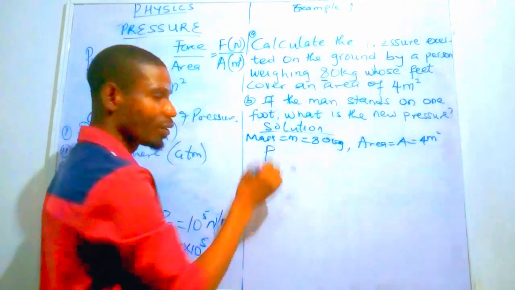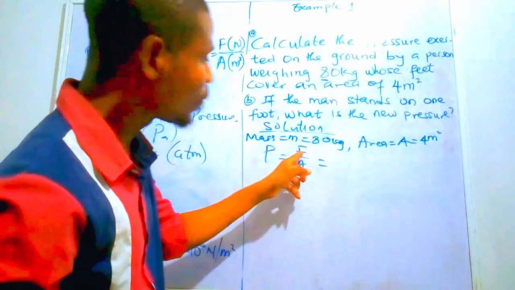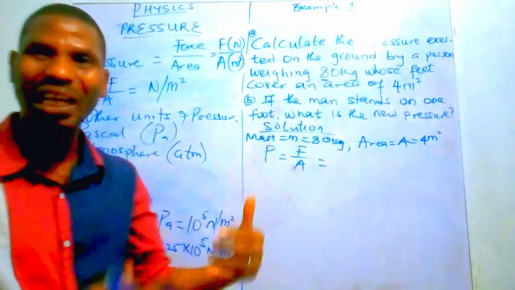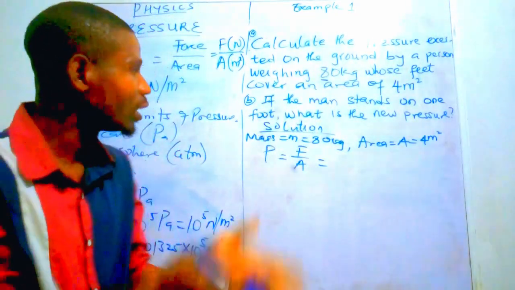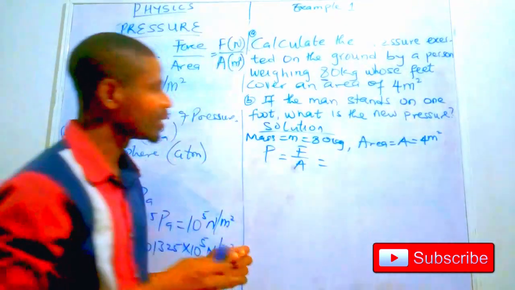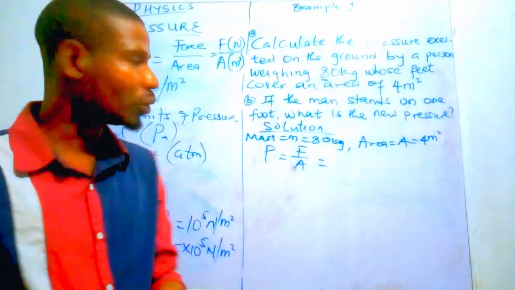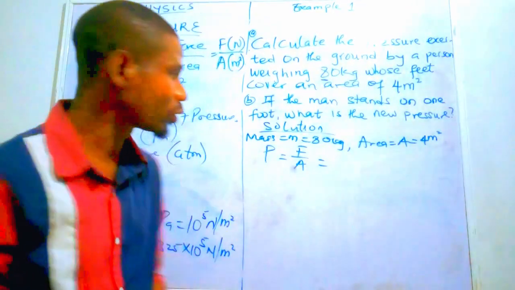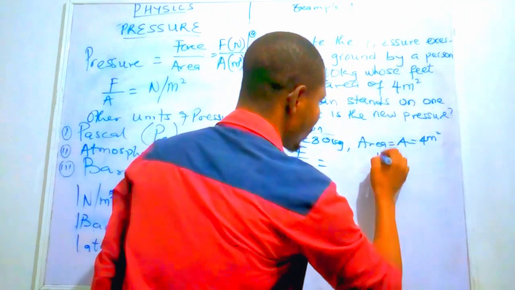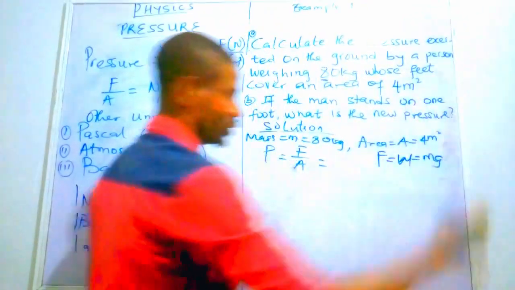So you agree that pressure is equal to force over area. We are not given force here directly, but we are given something that we can use to calculate our force. You agree with me that weight is a form of force. Weight of the body is a form of force. So force, which is a form of weight, is equal to mg.